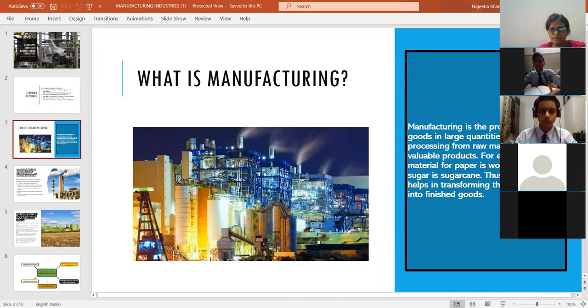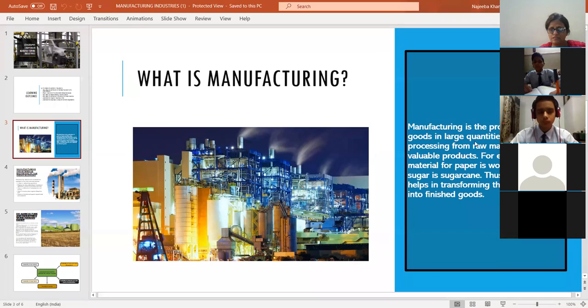Before we start this chapter, you must know the meaning of manufacturing, which is part of the secondary sector. So manufacturing means the production of goods in large quantities after processing from raw materials to more valuable products. So what is done here basically?